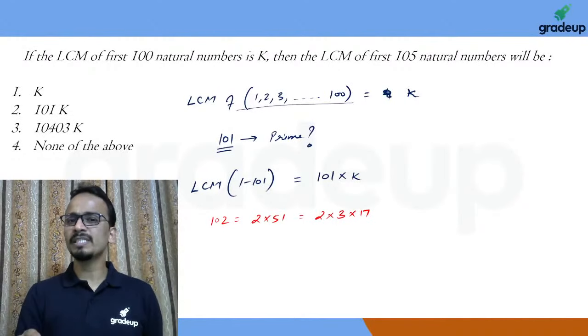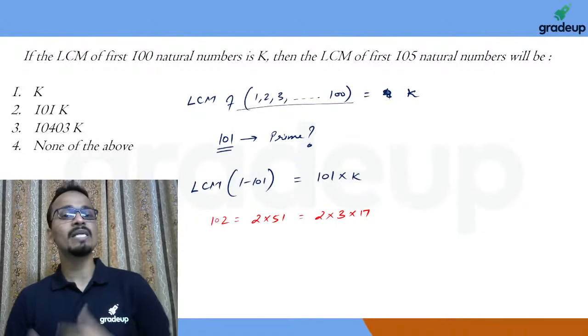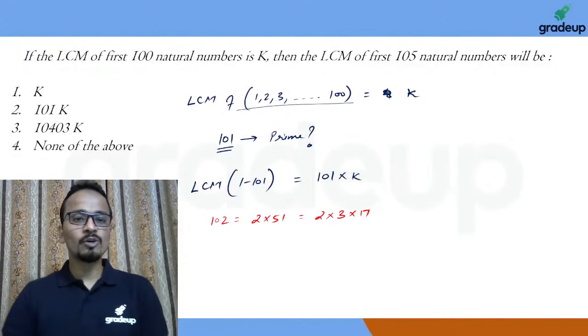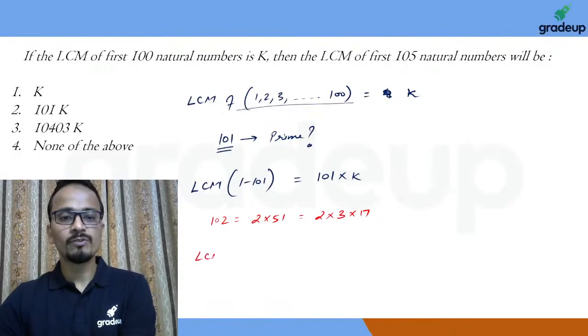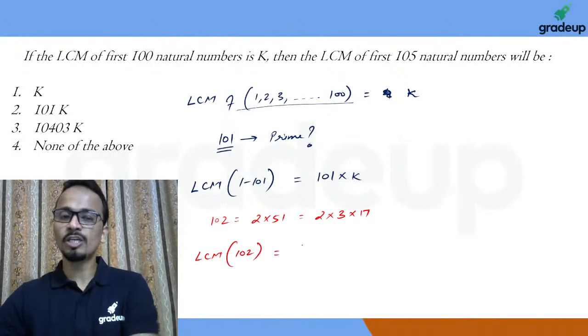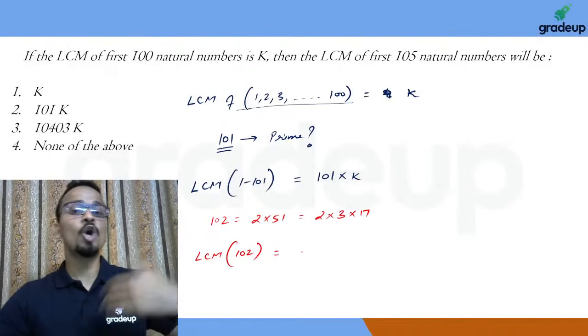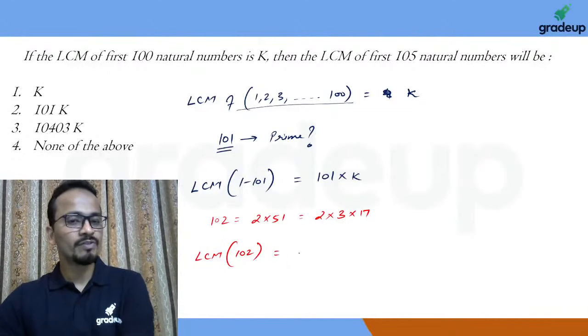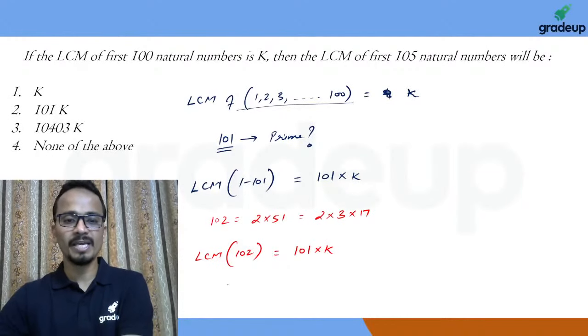So I will not include 102, because it is already included among the factors. So the LCM of the first 102 natural numbers will remain the same, that is 101 multiplied by k.